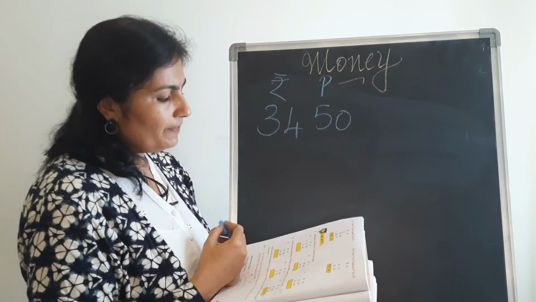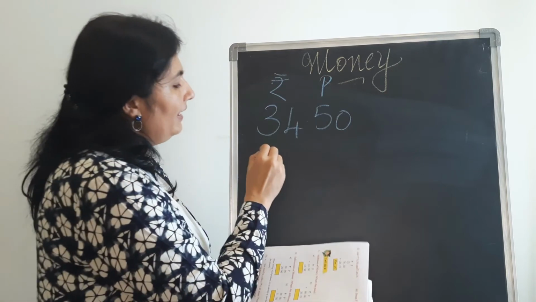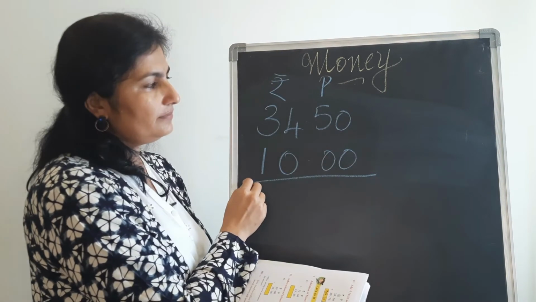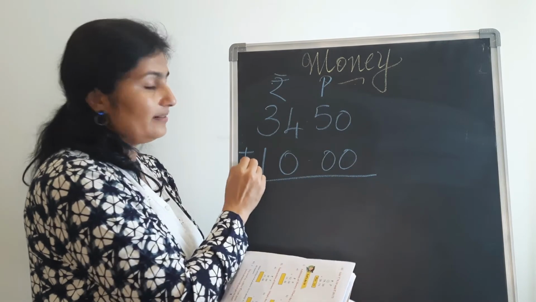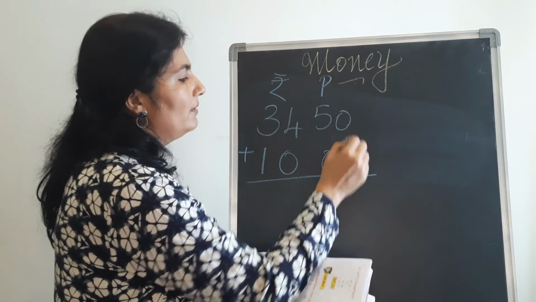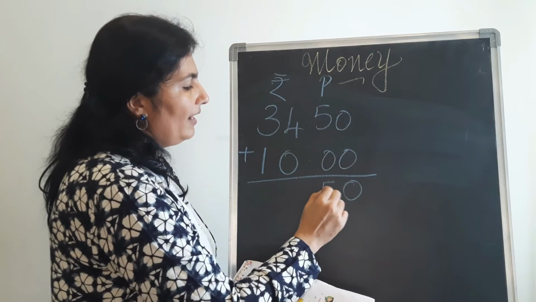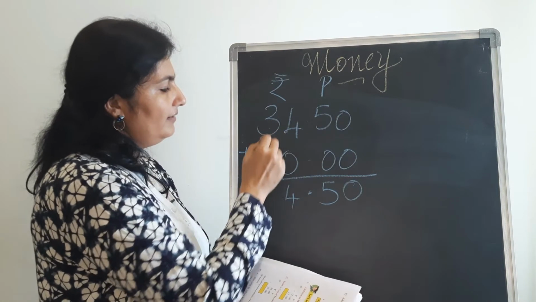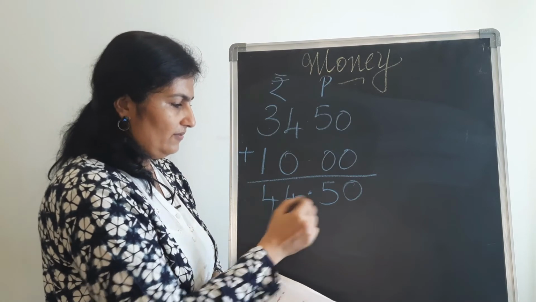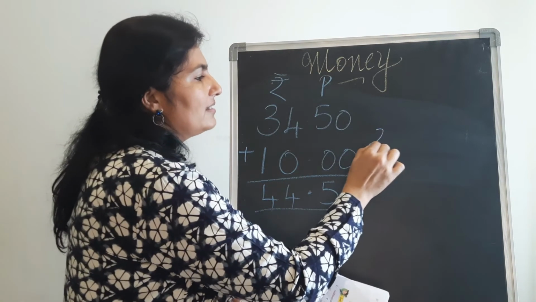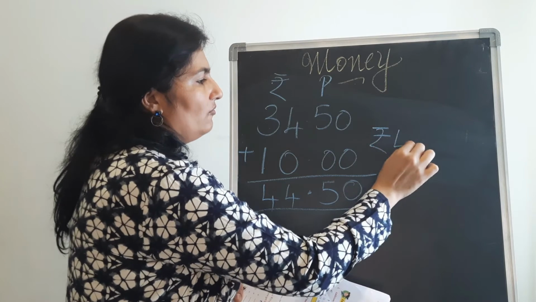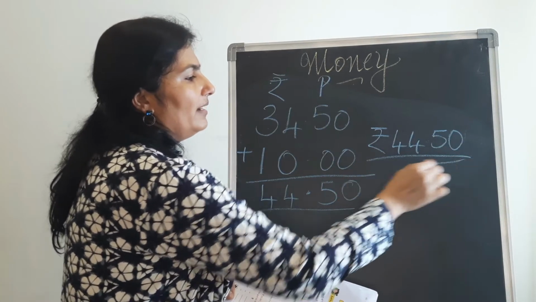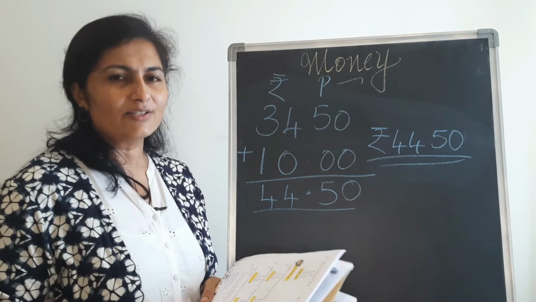Remember that. And how much will you get? Now 10. This is addition. 0, 5, put the decimal, 4, and so your answer is 44 rupees and 50 paise. Did you get it?